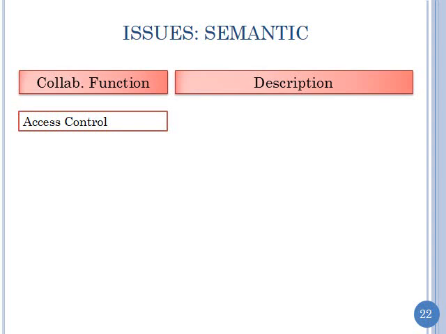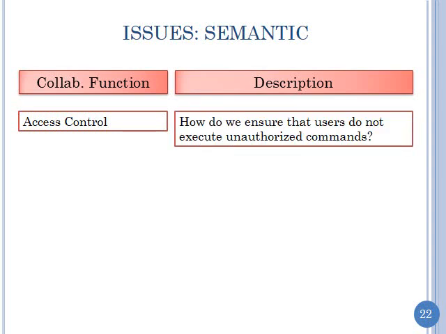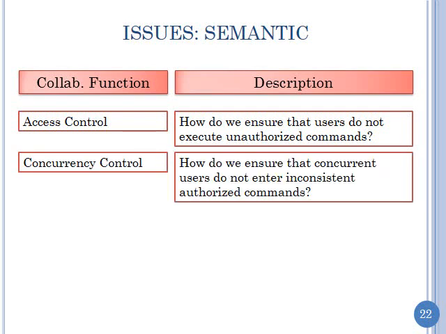And concurrency control is making sure that they're not both writing the same thing at the same time. So basically, access control says who's authorized to interact. And once we figure out that there's more than one authorized person, how do we make sure they don't step on each other's toes? Okay.